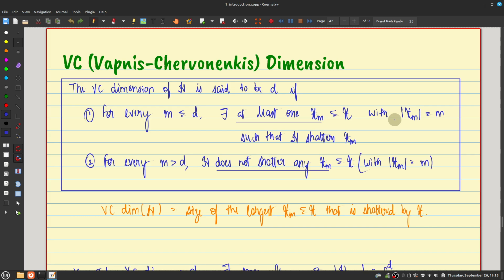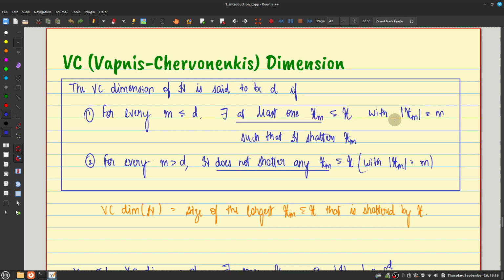It doesn't mean that all sets of size less than or equal to D have to be shattered by H. There should be at least one set of size D which is shattered by H. But for m greater than D, no set of size larger than D is shattered by H.